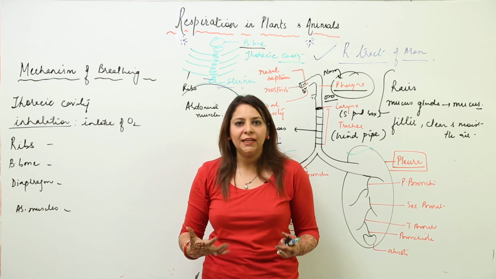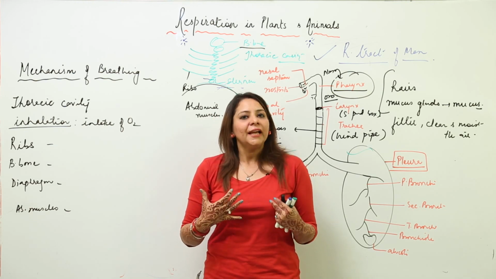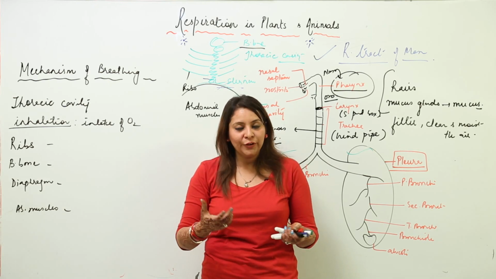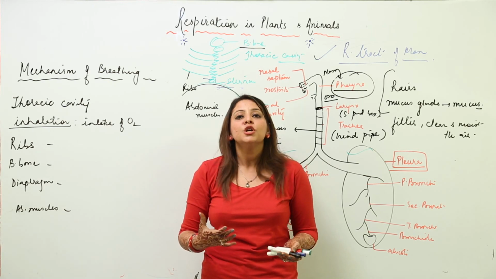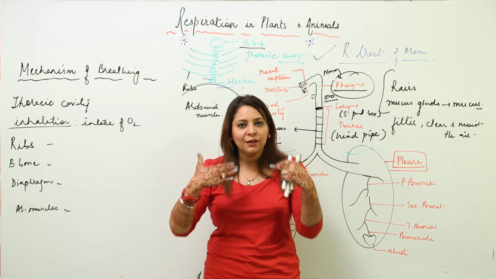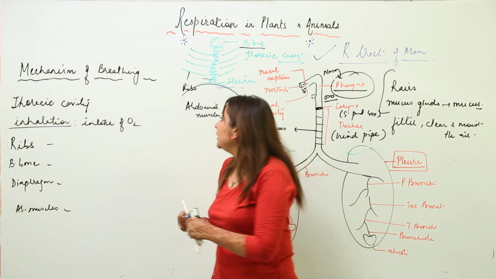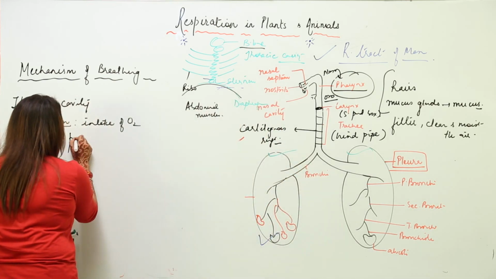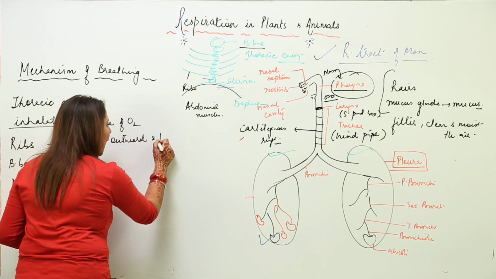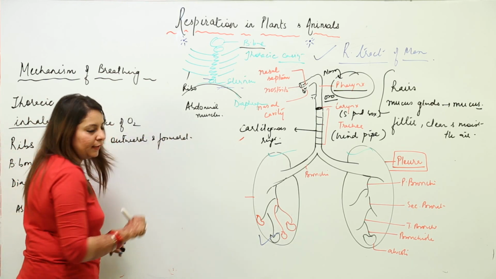Try to breathe in. What are you feeling? You see that something from this side is coming outside. That is the ribs. So ribs are actually pulled outward and forward during inhalation.